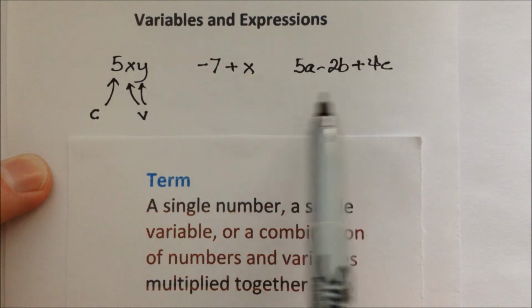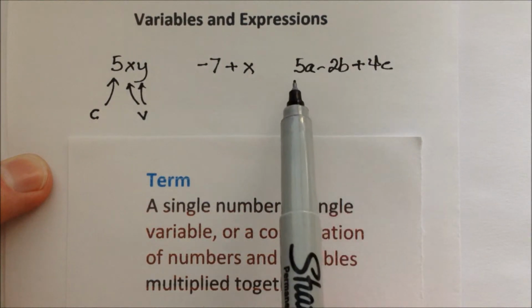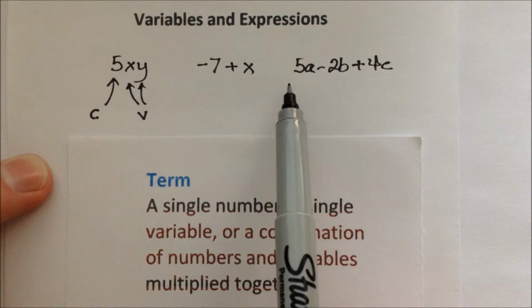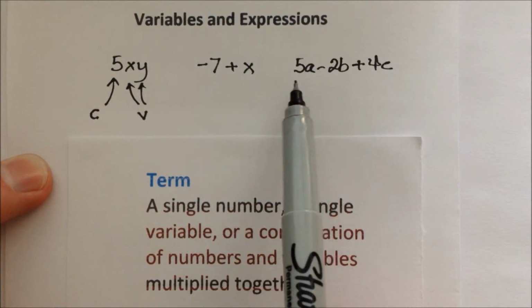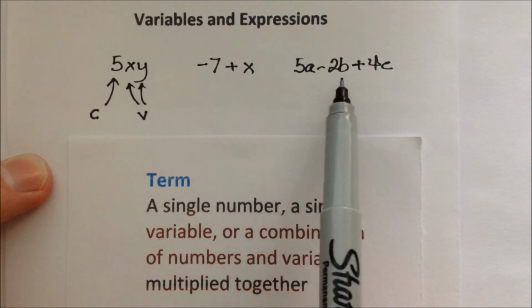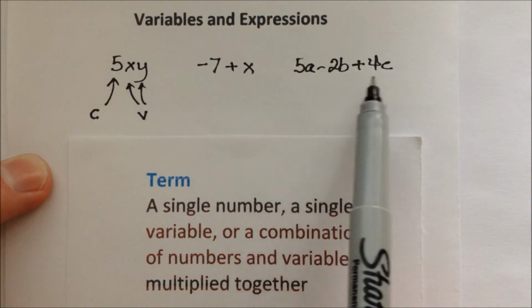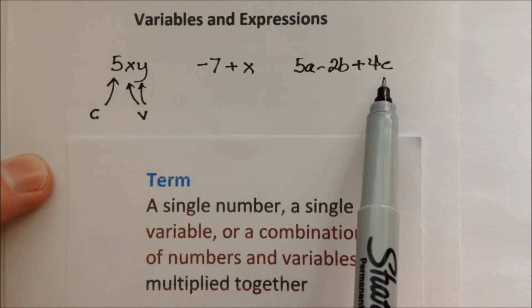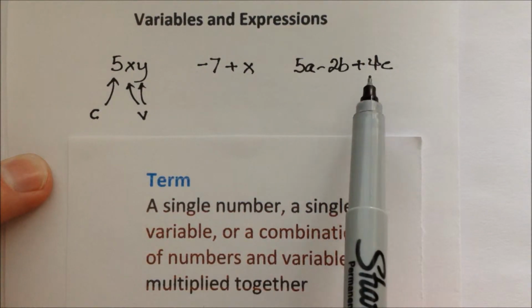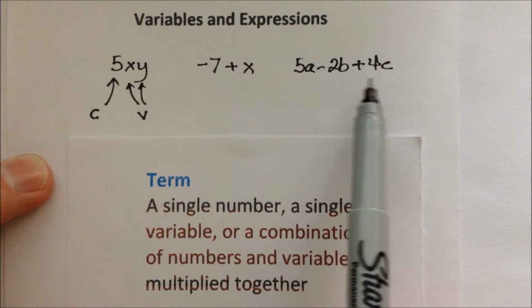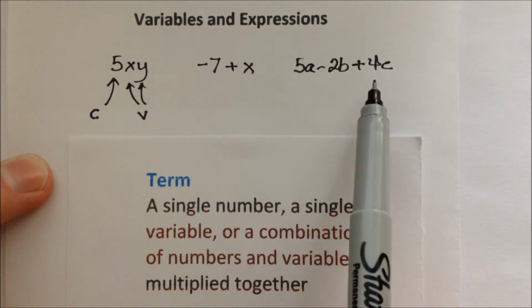Okay, so how about this one over here? Well, we've got 5a as a term because 5 is being multiplied by a. But then we've got a subtraction sign, so no more multiplication, so 5a is one term. And then 2b is another term, because 2 and b are being multiplied together. And then 4 and c makes one term, because 4 and c are being multiplied together. Anytime you have a number and a variable right next to each other, we're going to assume that they're being multiplied.